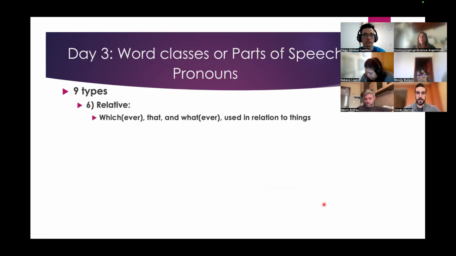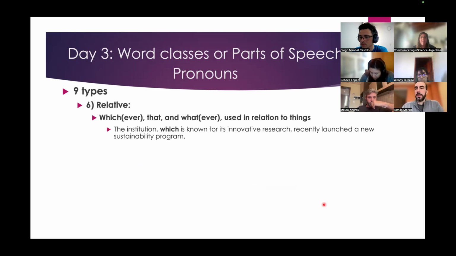And here we have again which and what. Which, that, and what. But they are used in relation to things. And in this case, they are used to add information. Yeah, I have examples. The institution, which is known for its innovative research, recently launched a new sustainability program.